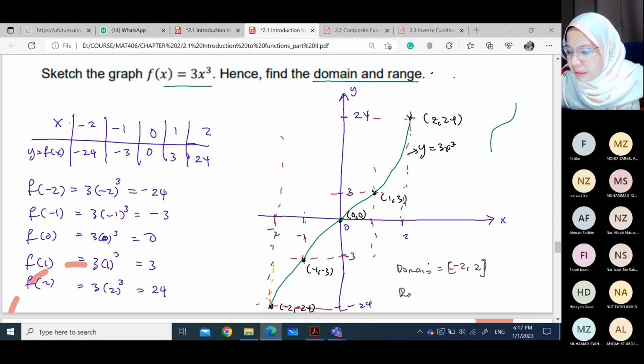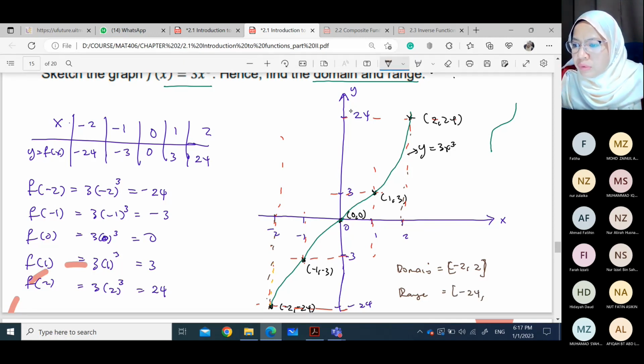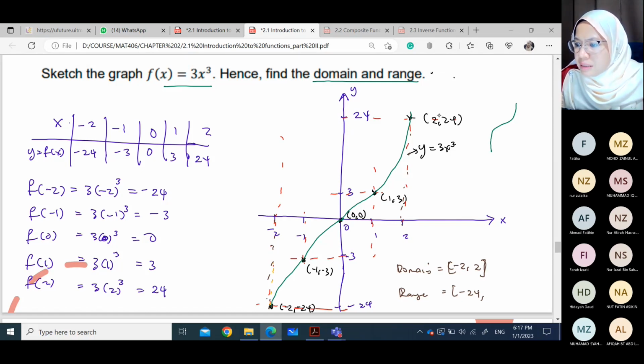And then range dia adalah, so range kita tengok pada y-axis. So bila range dia paling minimum untuk range adalah negatif 24. So negative 24 and up to 24. So ini adalah range dia. Okay, so along this value is a range. Daripada negative 24 to 24. So this is our range.